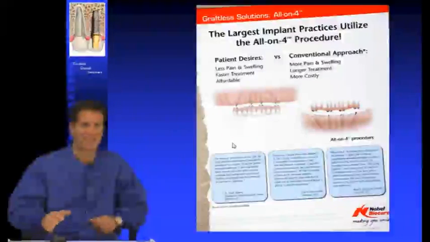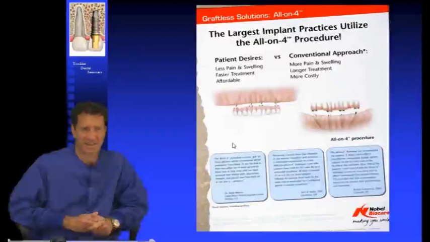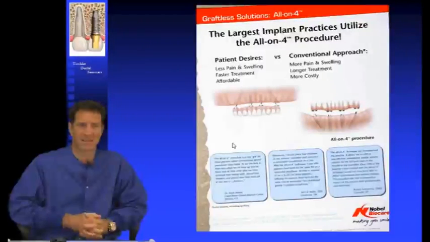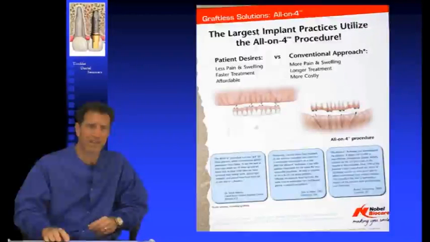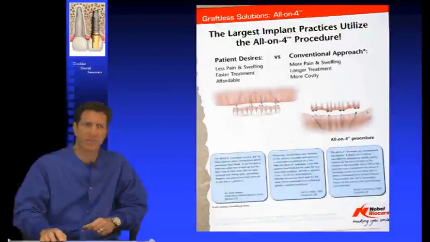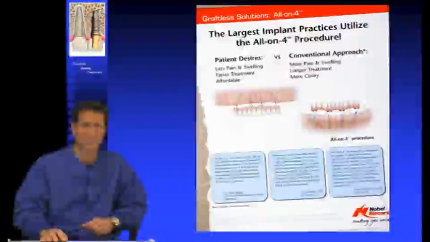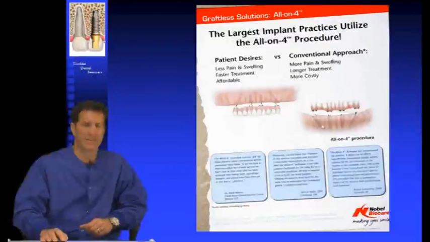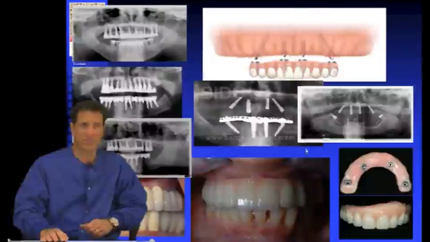Now, if you look at what's being touted in the advertisements in the journals, you see companies advocating 4 implants to support an entire arch, with 2 of them on an angle. So this kind of goes against the grain of what I'm saying, where you don't want to have angled implants if you could avoid them. And in my opinion, I think there could be some more engineering on some of these cases.